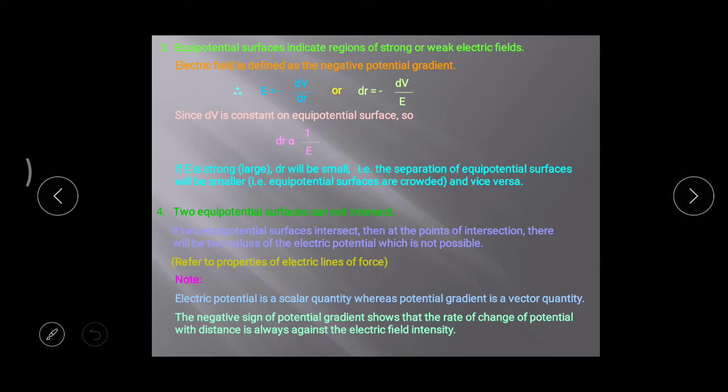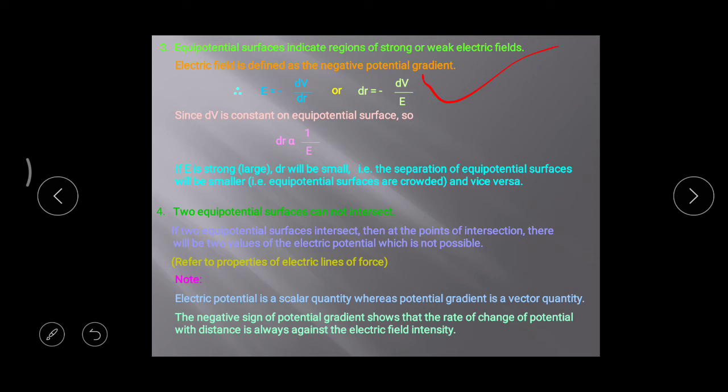If potential difference is constant, then dr is inversely proportional to E. Hence when E is large, dr is small. So the gap is less between equipotential surfaces at strong electric fields and vice versa.